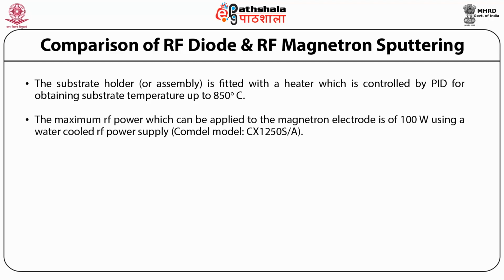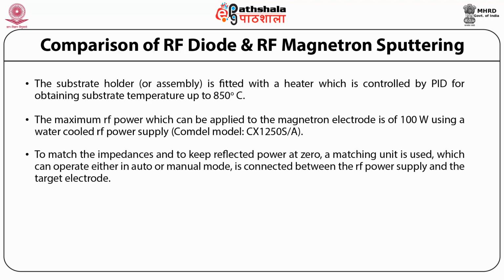The maximum RF supply which can be applied to the magnetron electrode is 100 watts using a water cooled RF power supply. To match the impedances and to keep the reflected power at 0, a matching unit is used, which can operate either in auto or manual mode and is connected between the RF power supply and target electrode.